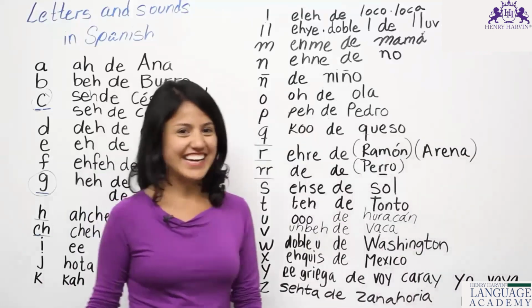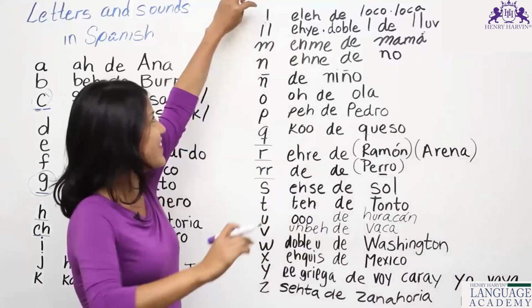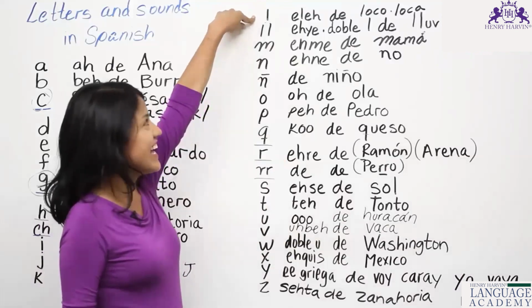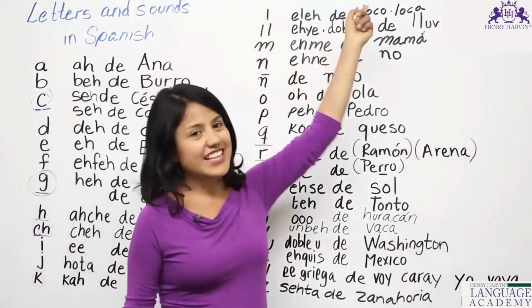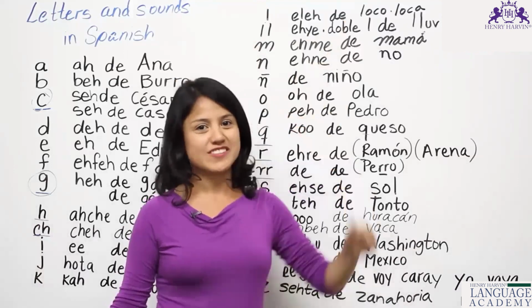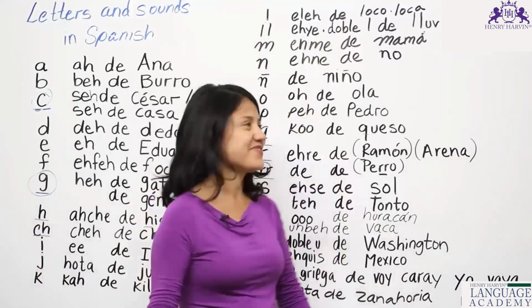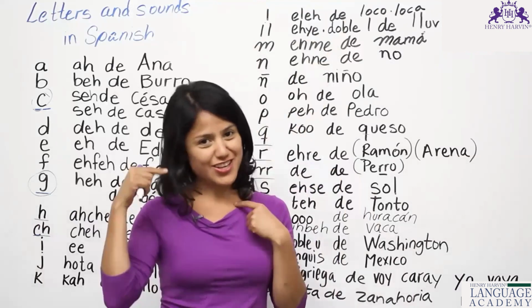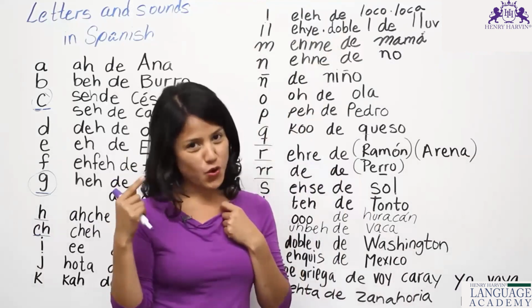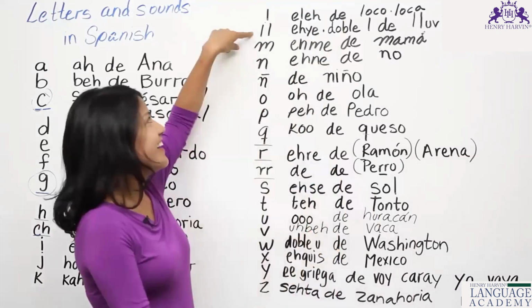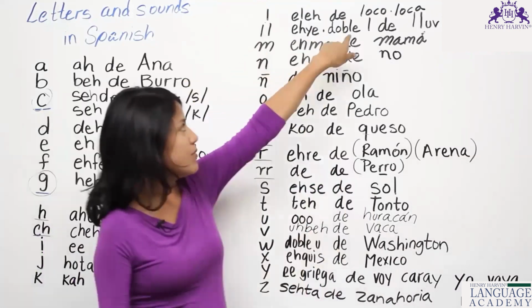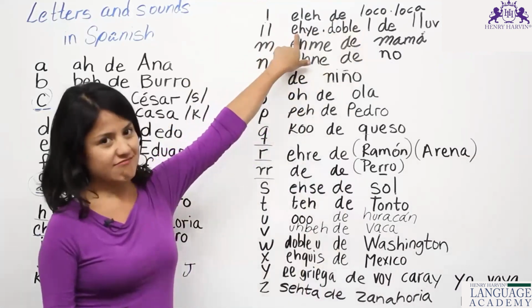Now we're going to the other side. And we start with L. L de loco o loca. Por ejemplo, yo estoy loca. Tú estás loco o loca. Doble L or ella.